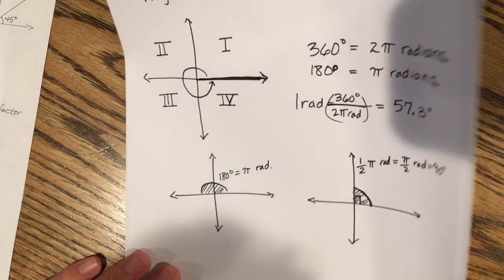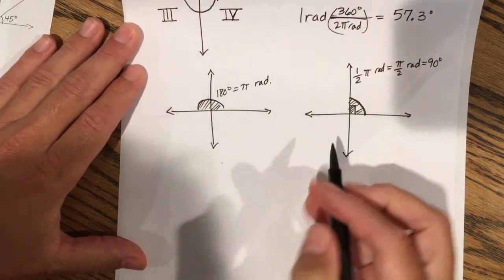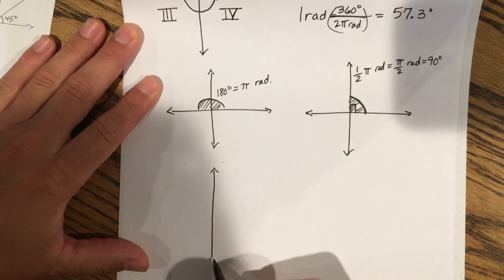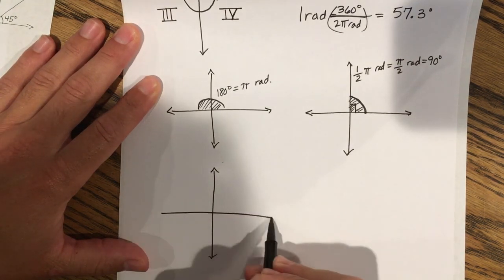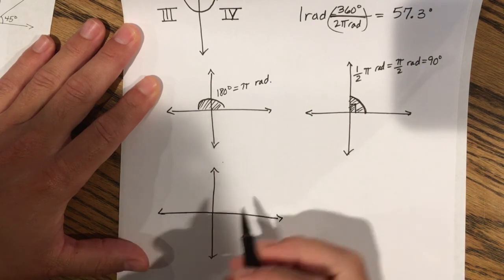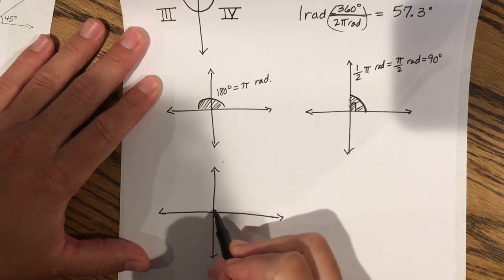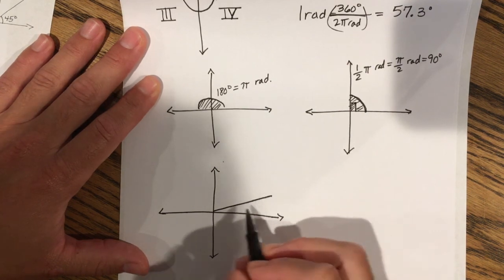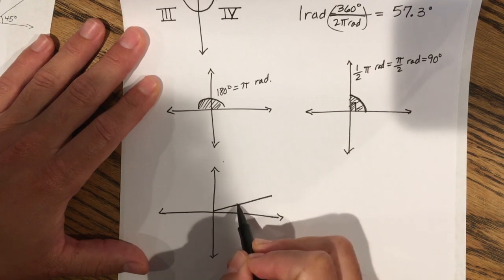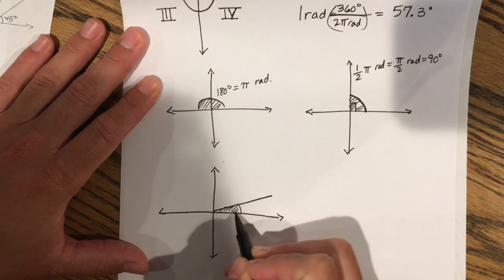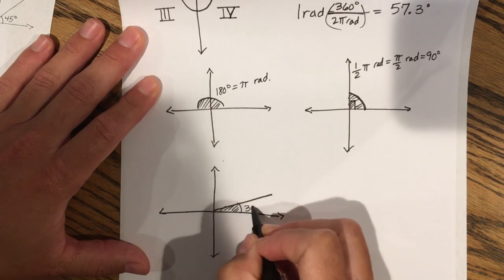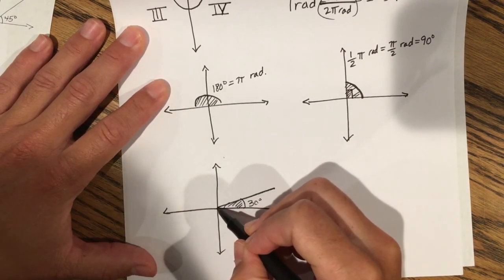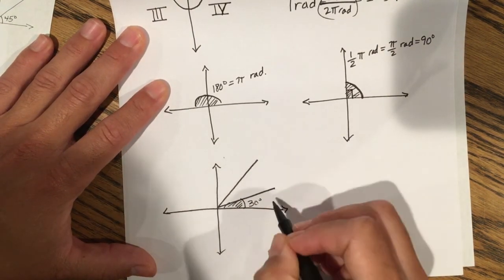So coming back to where we were, thinking about this, 180 degrees is equal to pi radians, which helps when you get something like a 30-degree angle. You might say, well, what is this in radians? What you can do is divide this into parts.